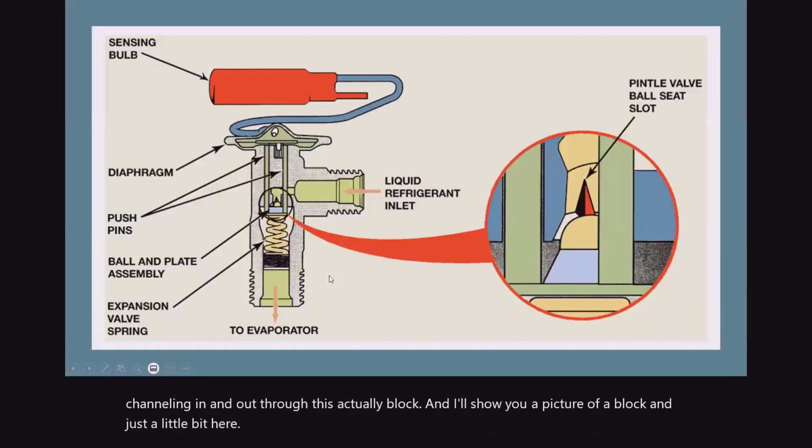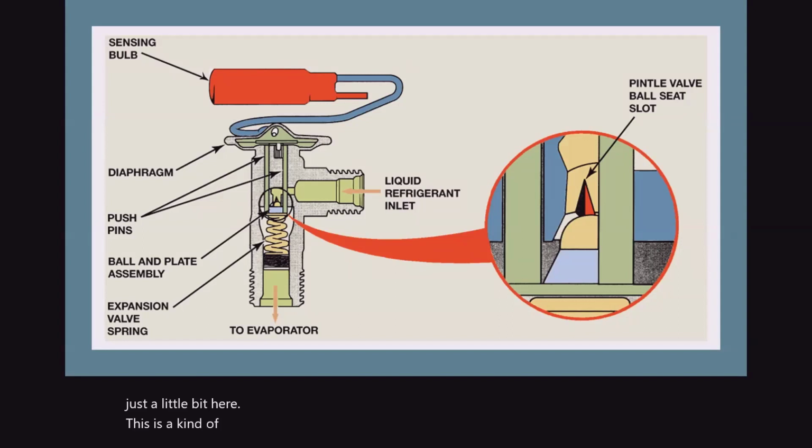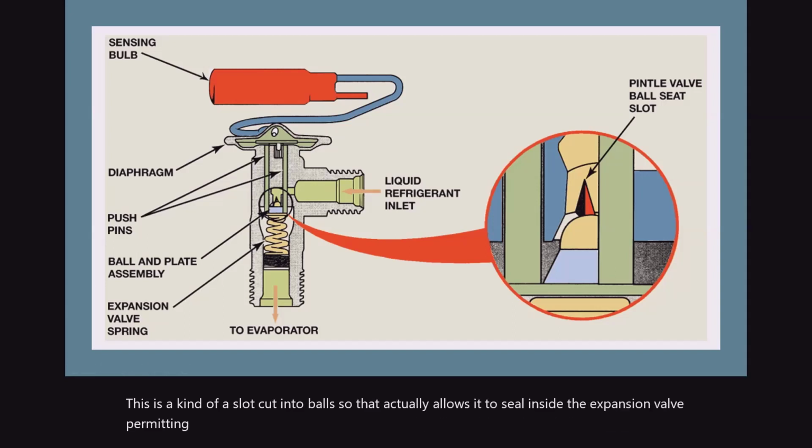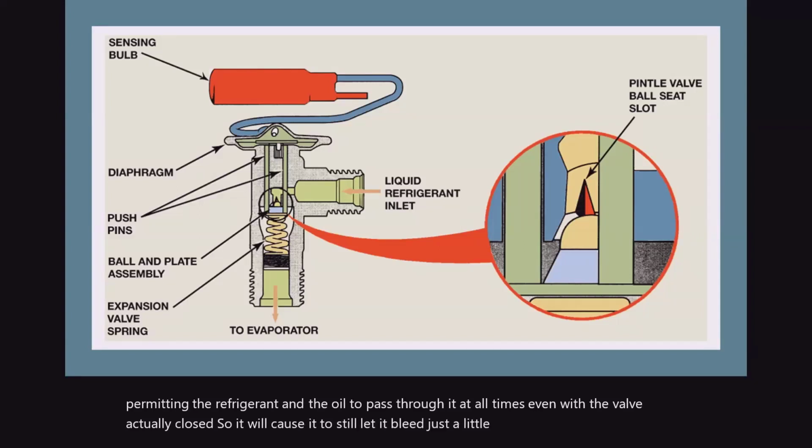This is a slot cut in the ball, so that allows it to seal inside the expansion valve, permitting the refrigerant and the oil to pass through at all times, even with the valve closed. So it will still let it bleed just a little bit across it.